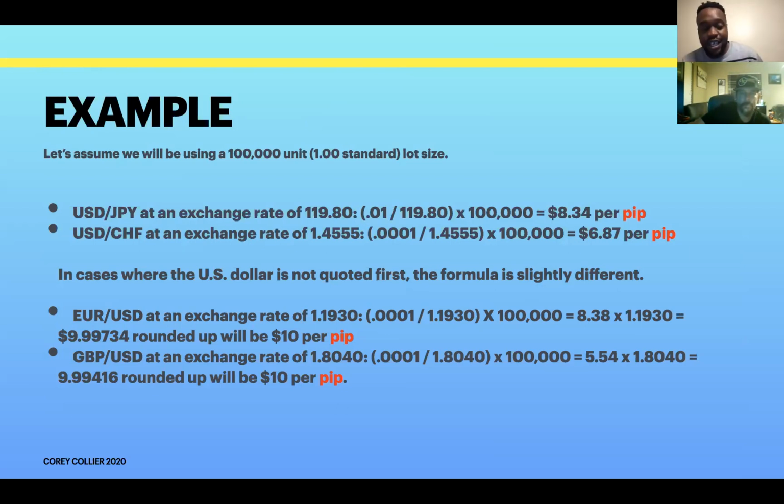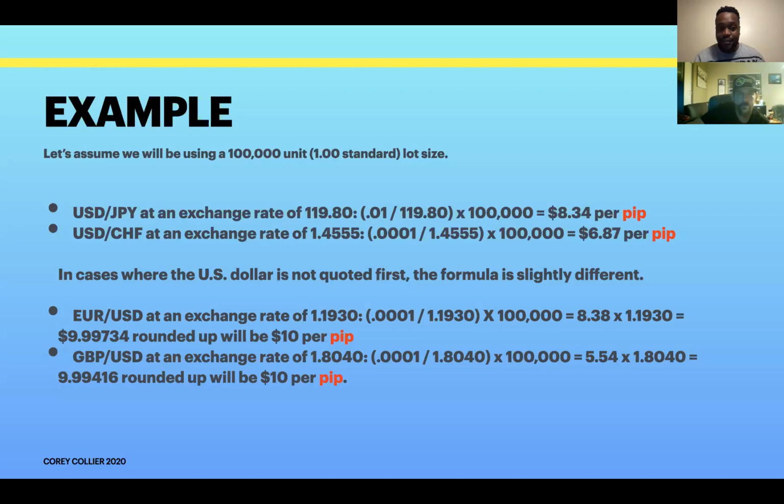The United States JPY is at an exchange rate of 119.80. So using the same equation, a 1 pip move, multiply that by the exchange rate of 119.80, and then you multiply that by your units of currency or your lot size, that gives you $8.34 per pip. That's not $10 per pip, guys, at all.